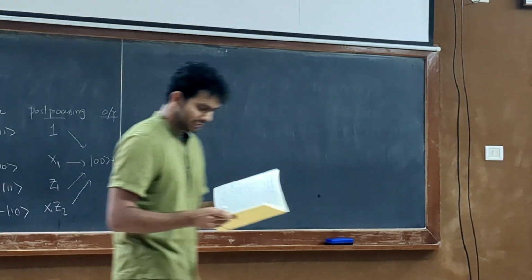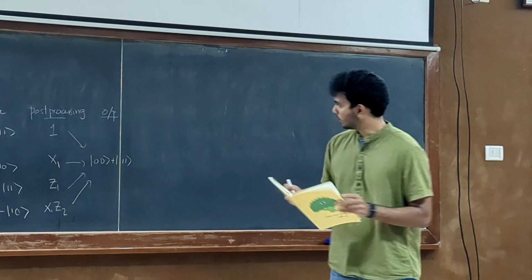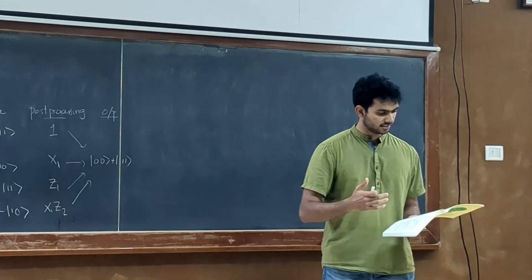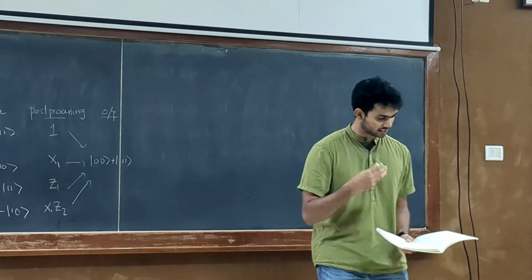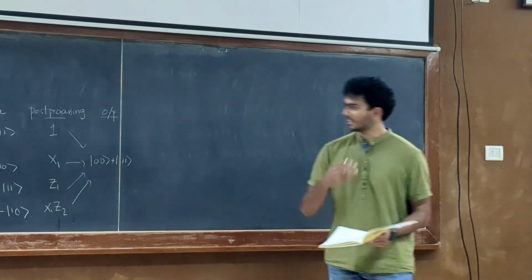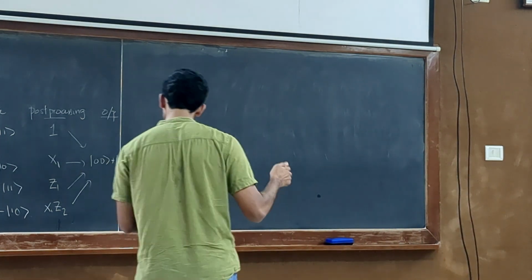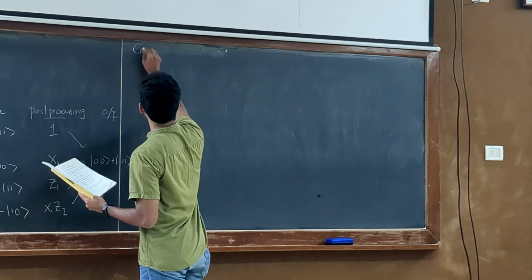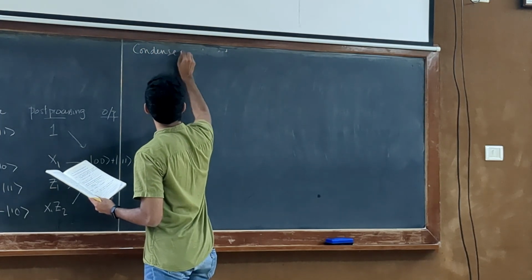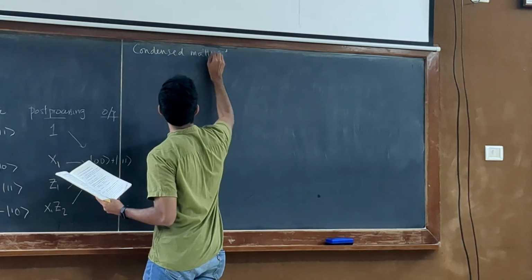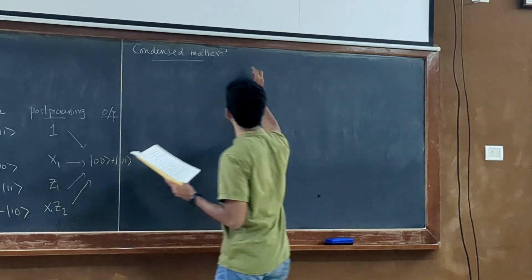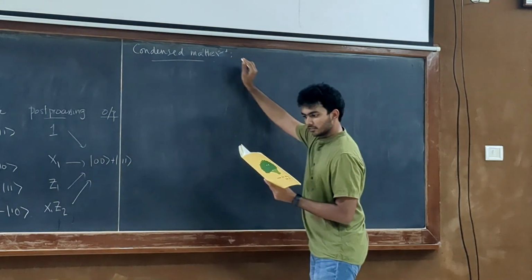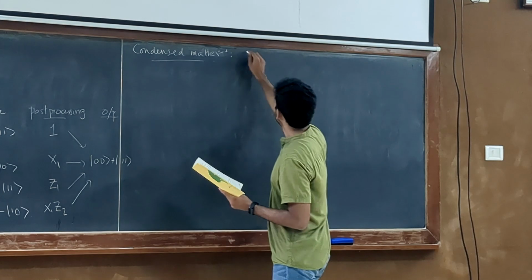So this was the quantum information introduction. Now I'm going to get to a condensed matter topic, which I find more interesting, hopefully you will too. This is called the quantum Ising model.